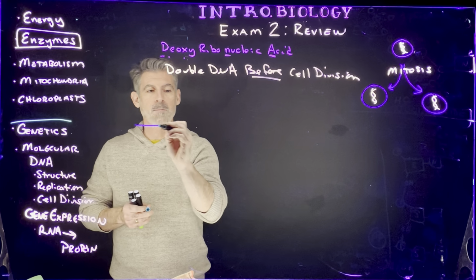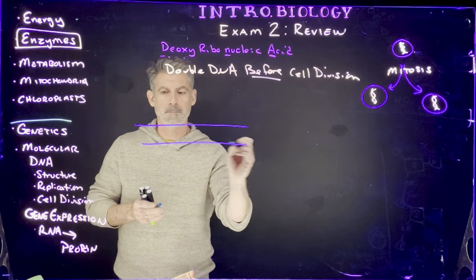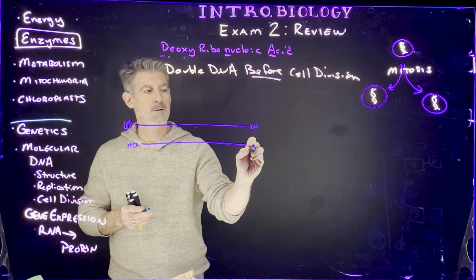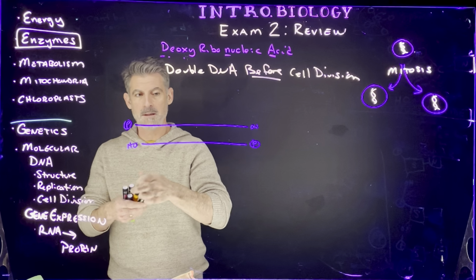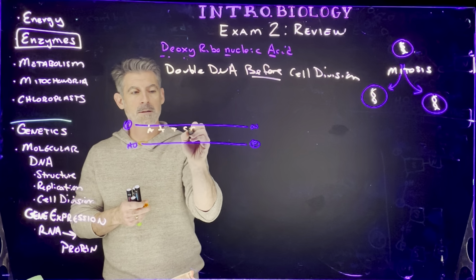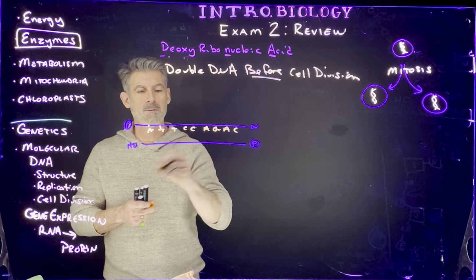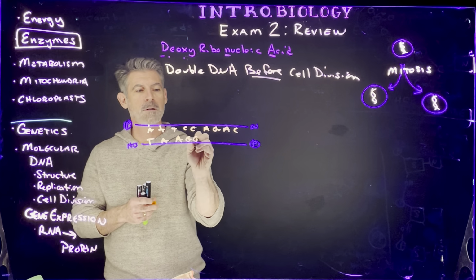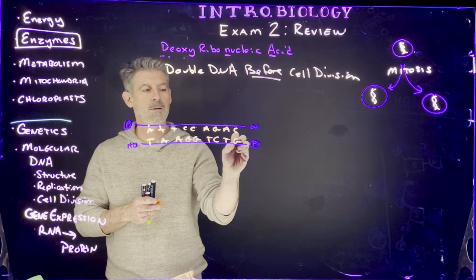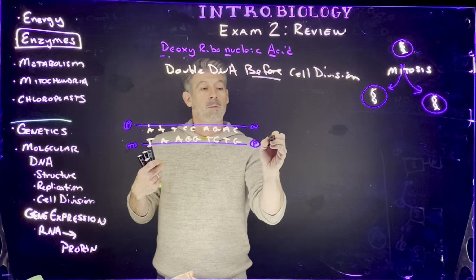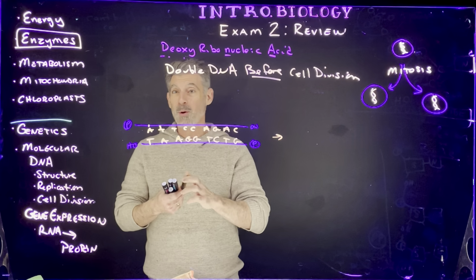So we have DNA, phosphate, OH, phosphate. Let's say we have our A, T, T, C, C, A, G, A, C. I'm just putting a little short piece. That'd be T, A, G, G, T, C, T, G. Okay. The strands are going to get pulled apart.